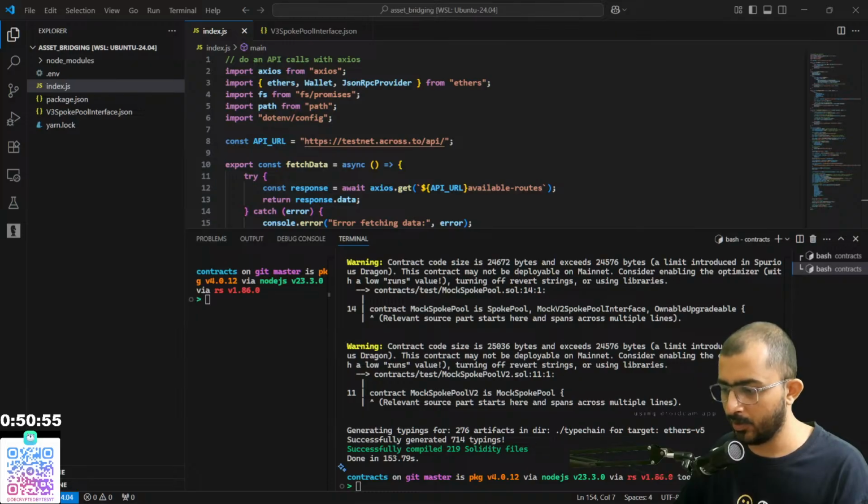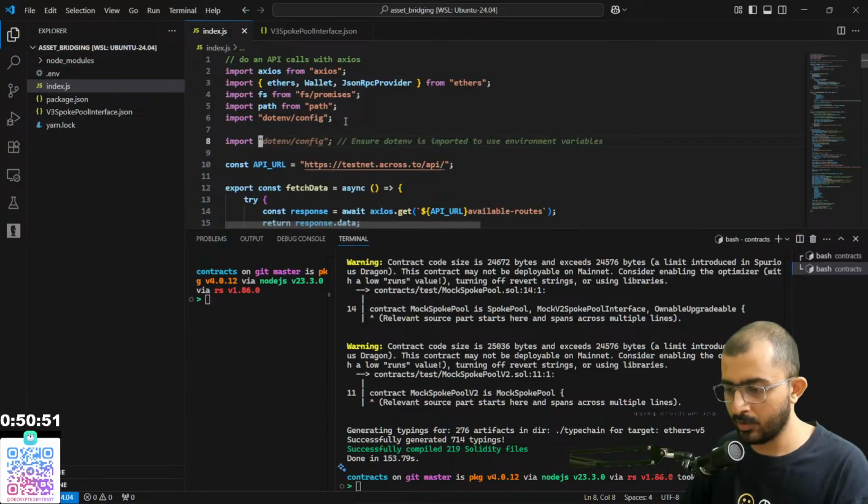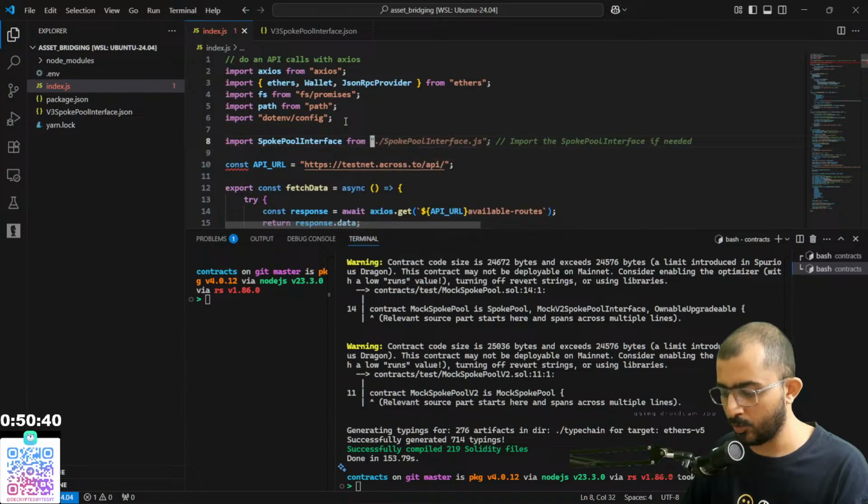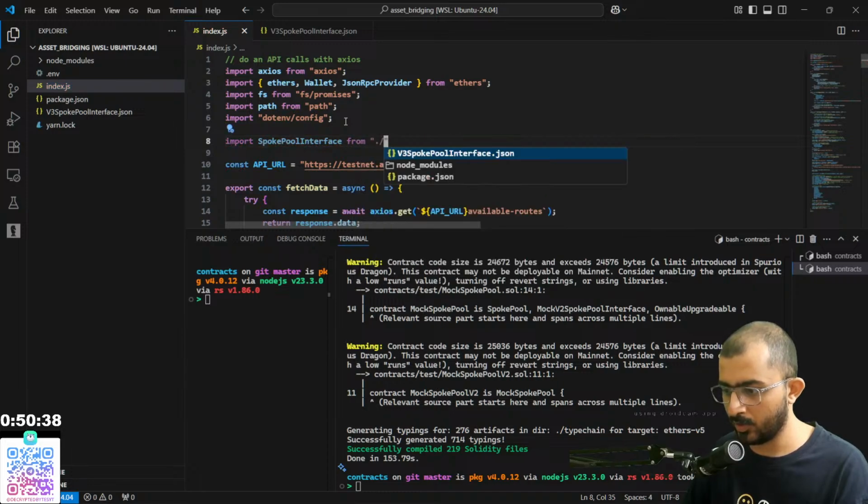Just give me a second. Import spoke pool interface from /json.